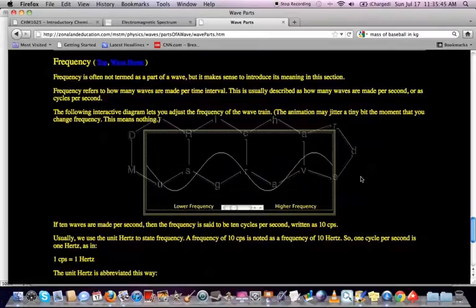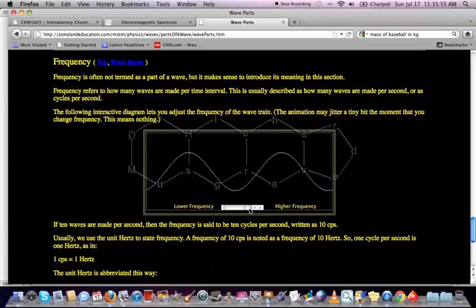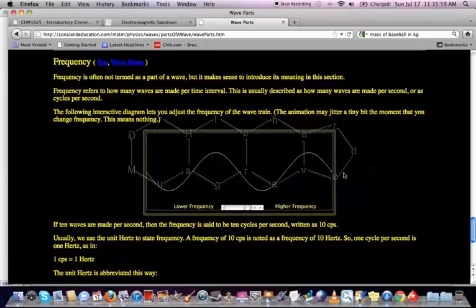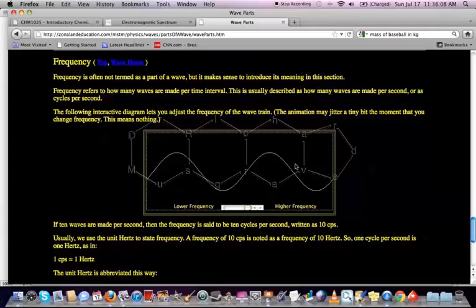Now what you've got to understand is that if it's a photon, it's always traveling at the same speed. So the frequency is going to be related to the wavelength. And you can see that if we increase the frequency here, we're going to be seeing about 10 waves per second.